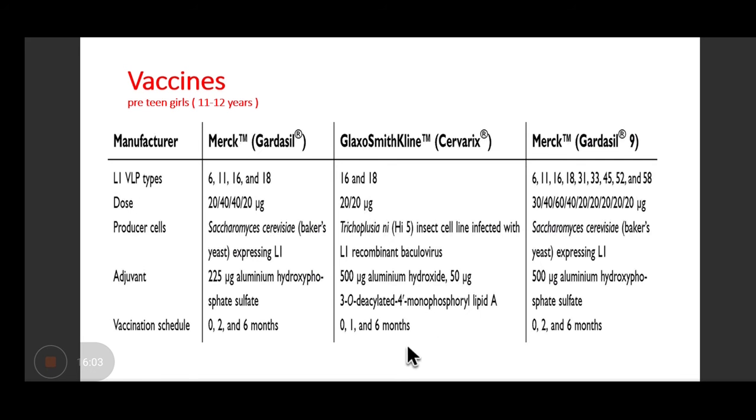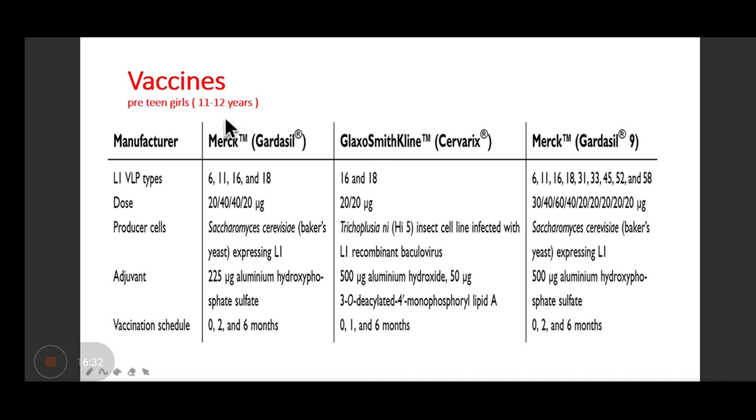Coming to the vaccine, we have a vaccine available for this. So you must know that we can prevent these infections. The HPV vaccine has been shown to reduce the infection rate in all HPV infections, including cervical cancers as well.